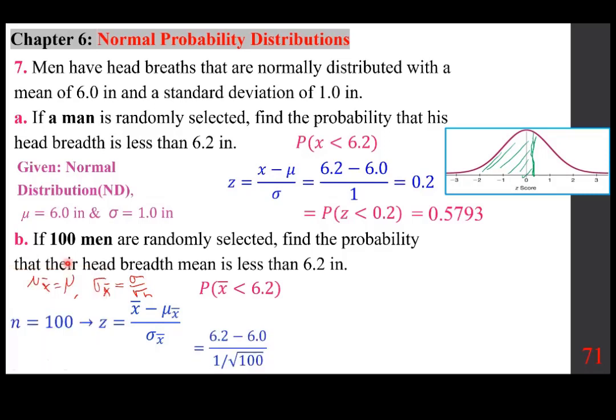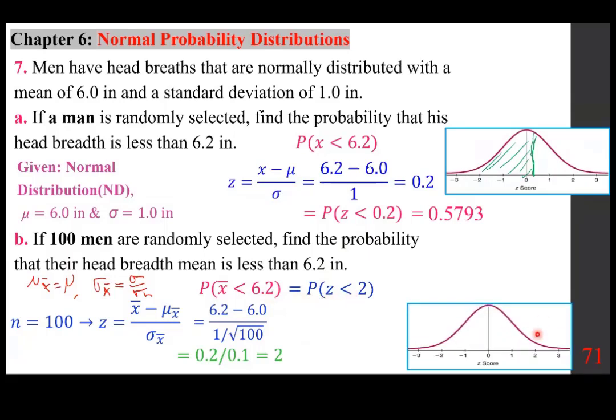We plug in. I hope you realize this is a complex fraction. Square root of 100 is 10. It really comes at top and makes it actually 10 times larger than this number, making it 2. Probability of x bar less than 6.2 is the same as probability of z less than 2.